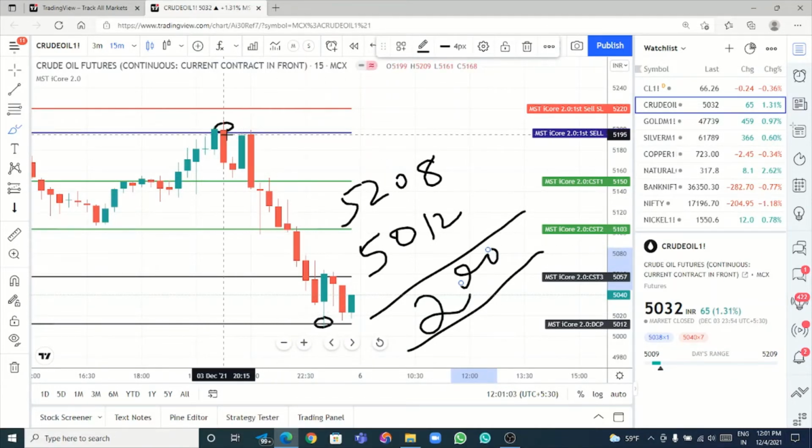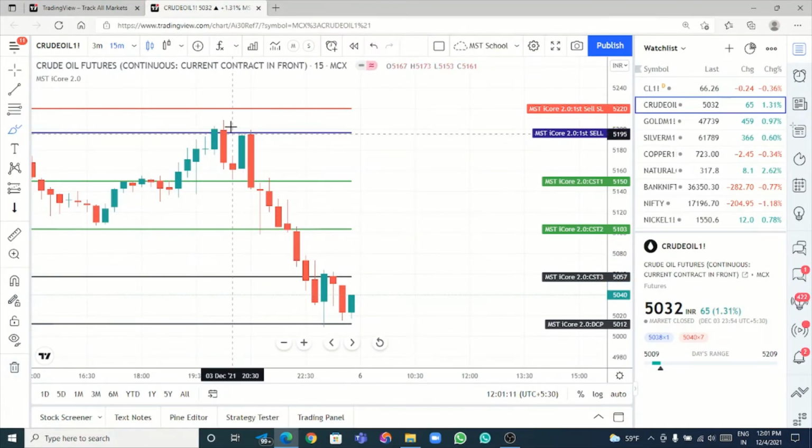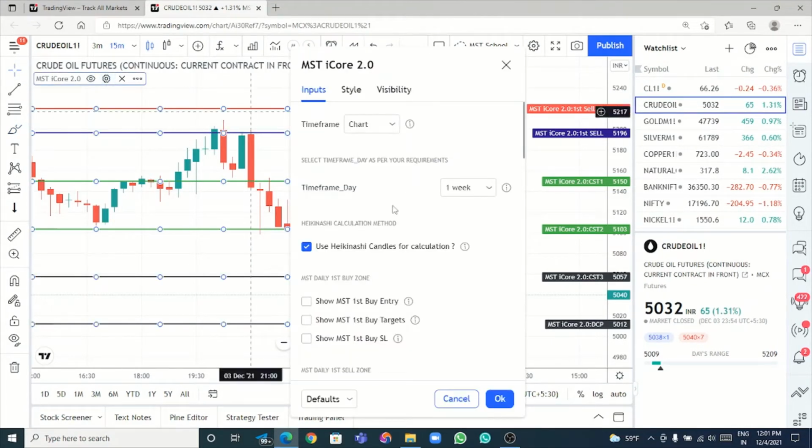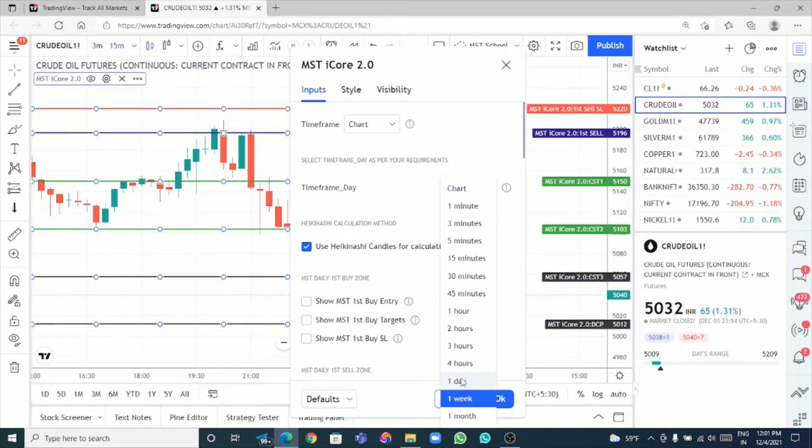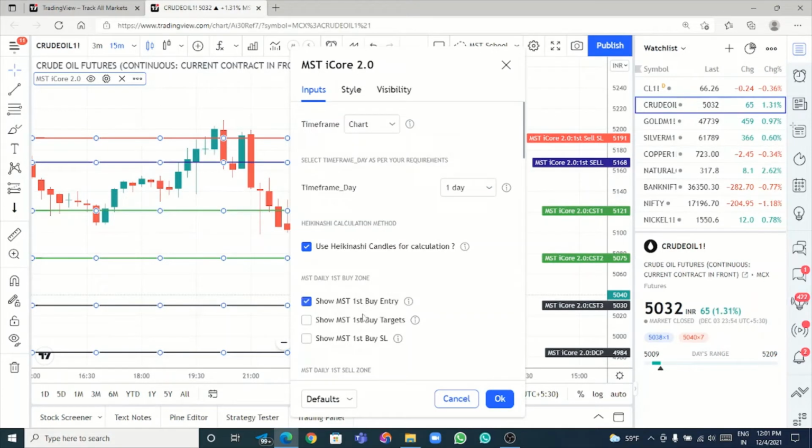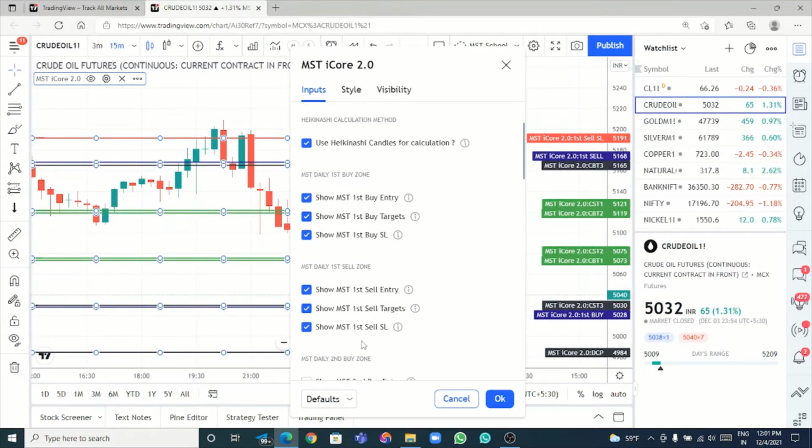Suppose the market has fallen 200 points. As per the strategy, you should not go for the buy, right? And if you want to trade the reverse entry also, then you can change to day time frame, weekly, first buy, first sell.